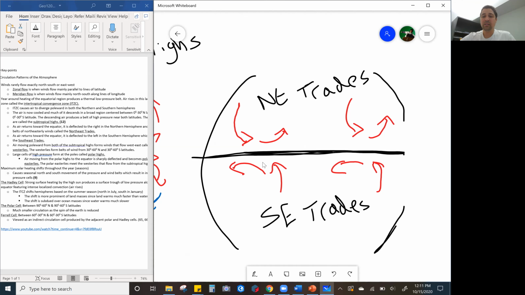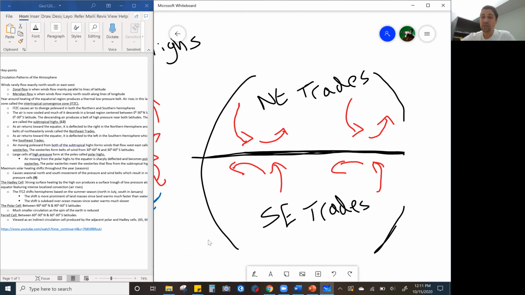So, east to west in the south and west to east in the north. We call these the northeast trade winds, and then in the south, we call these the southeast trade winds.